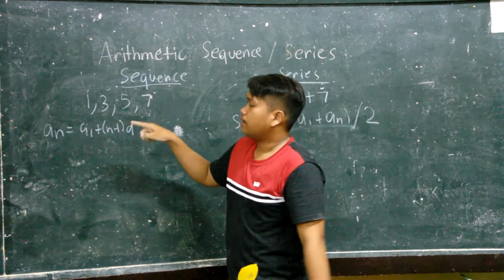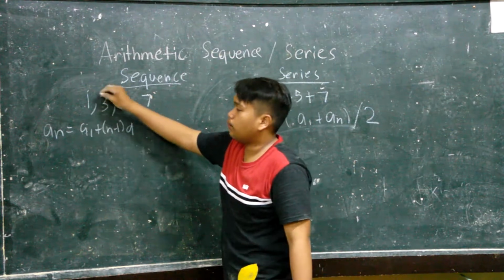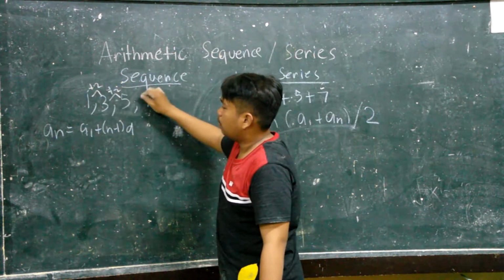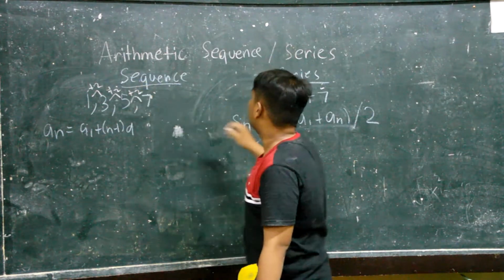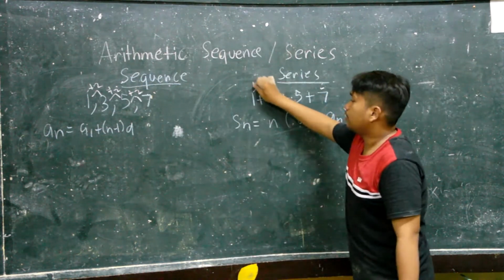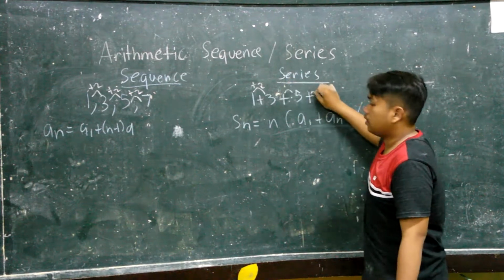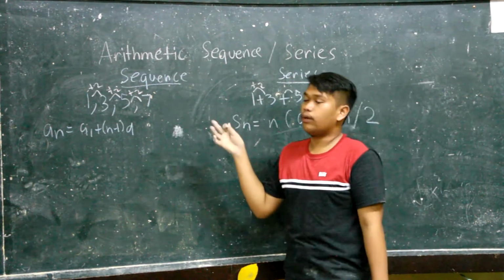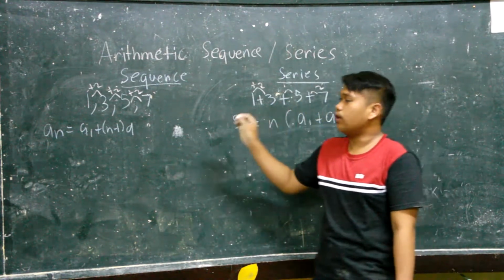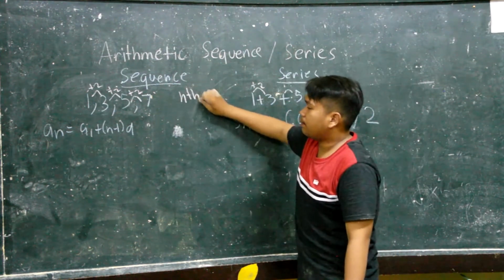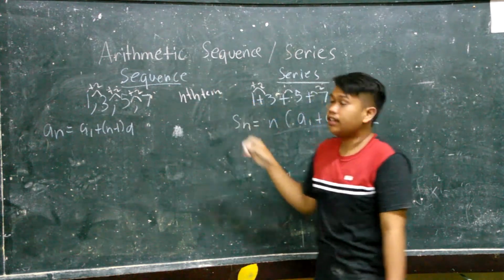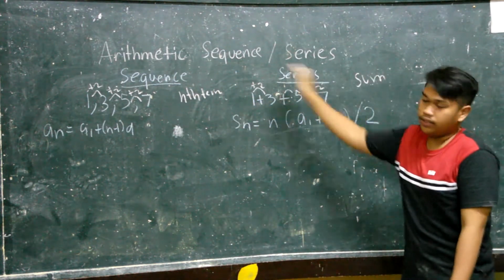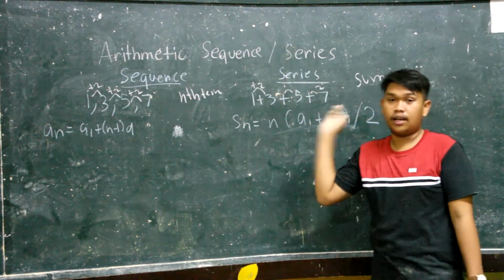Here we have a common difference of plus 2, here plus 2, and here plus 2. It's the same here, plus 2 and plus 2. The only difference is that a sequence's goal is to find the nth term. However, the series goal is to find the sum of all the given numbers.